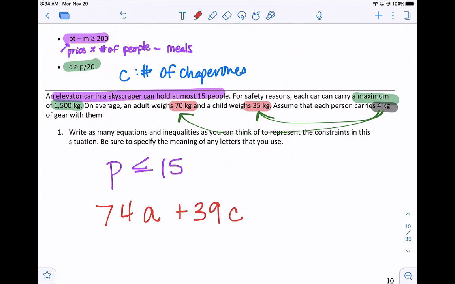This weight has to be less than or equal to 1,500 kilograms. So I think that these would be my two inequalities to write for this one. Again, the number of people less than or equal to 15, and then your adult plus your child weight should be less than or equal to 1,500 kilograms.